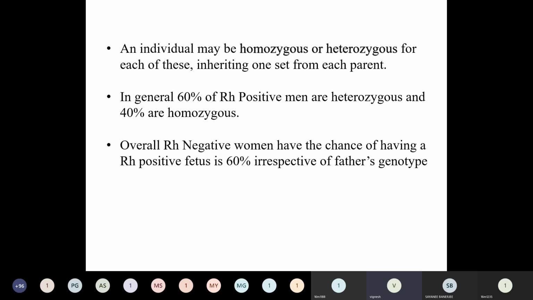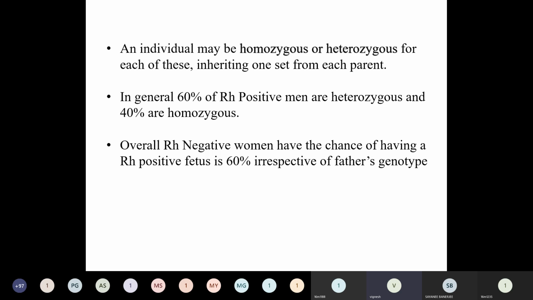So an individual may be homozygous or heterozygous for each of these, inheriting one trait from each parent. In the general population, 60% of the RH positive men are heterozygous and 40% of them are homozygous. So the overall RH negative pregnancy having a chance of an RH positive fetus is 60% irrespective of the father's genotype.